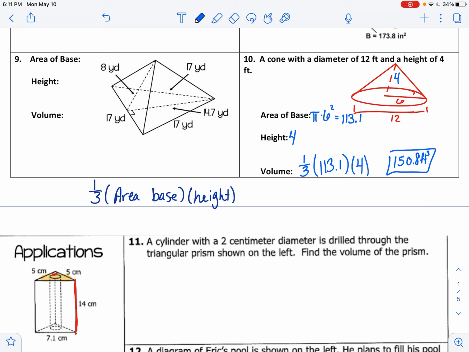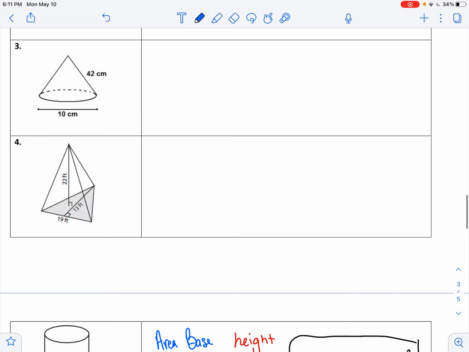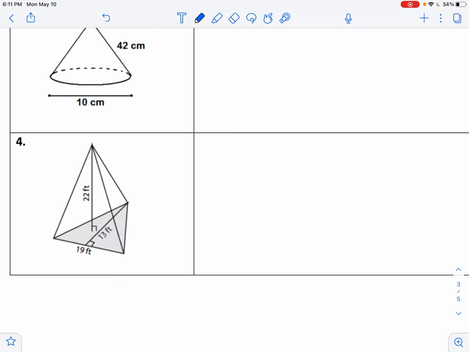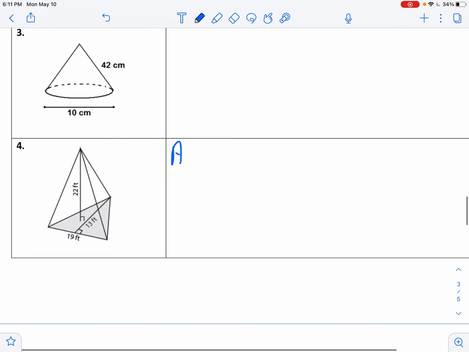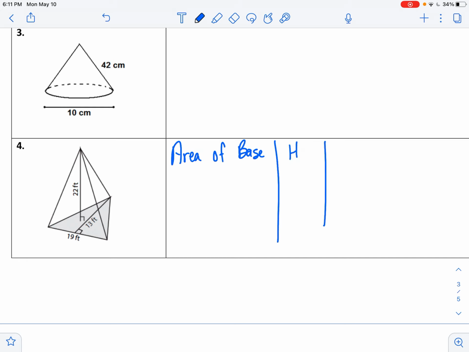Here's a couple good examples. Like number 4, again, you really have to organize your work. Area of the base, height, volume. And what base do I have? Well, I've got this triangle base, which means that I'm going to have to be extra careful about my organization, because the area of a triangle is 1/2 base times height.